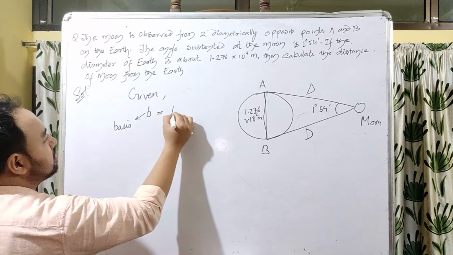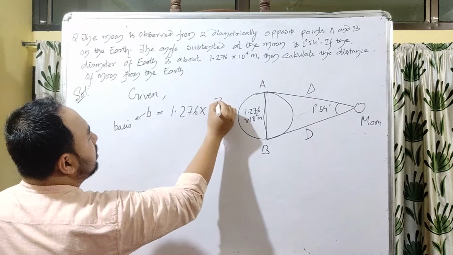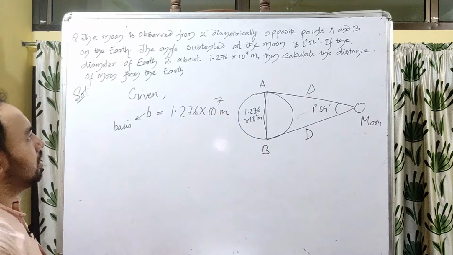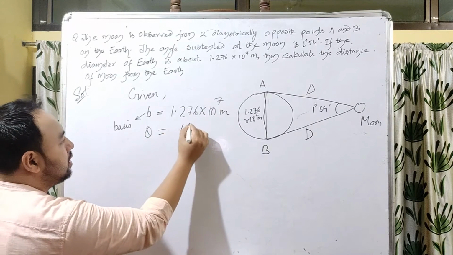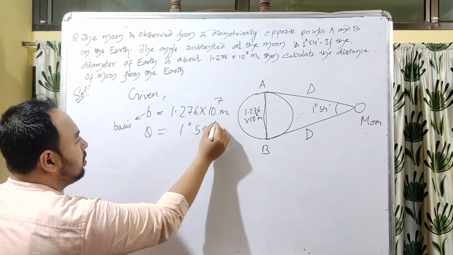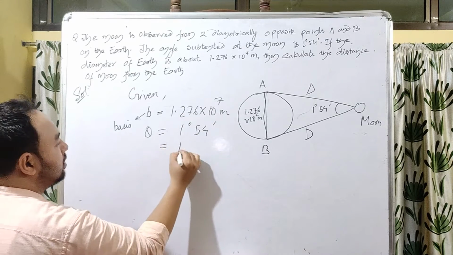So its value is given 1.276 into 10 to the power 7 meter, and theta is given as 1 degree 54 minutes. So we have to convert this into radian.